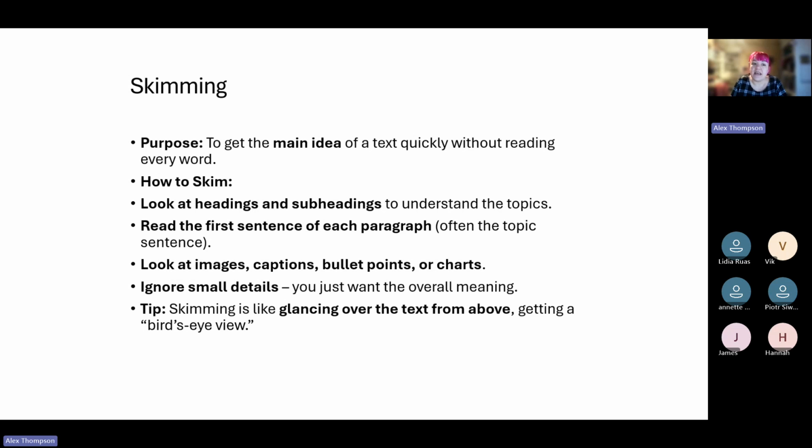You can look at images, captions, bullet points or charts, any visual clue. Ignore small details, because for this, we're looking at the greater meaning, the meaning of the document as a whole, not looking for specific parts of information. So we consider it as looking almost like bird's eye view. You are looking down upon something and understanding generally the document without reading every word.